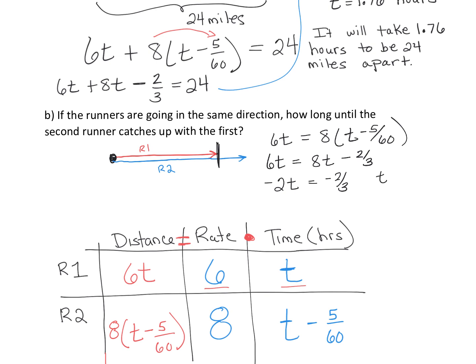And I get t is equal to 1/3 of an hour. So now I can answer the question. The second runner will catch up with the first in 1/3 of an hour.